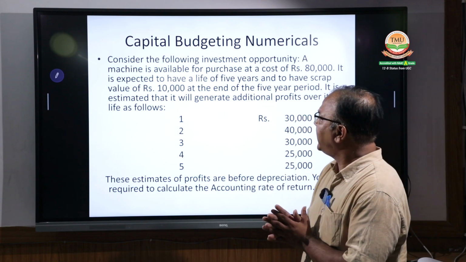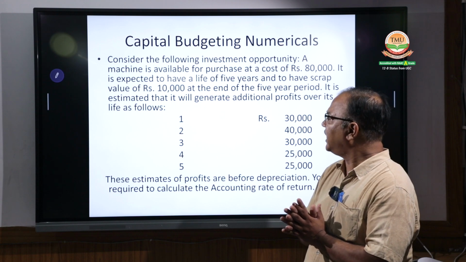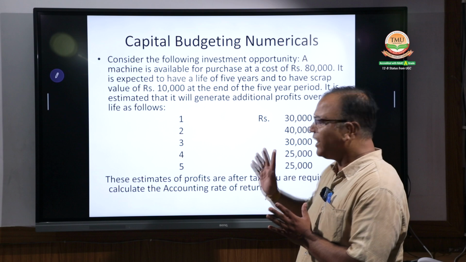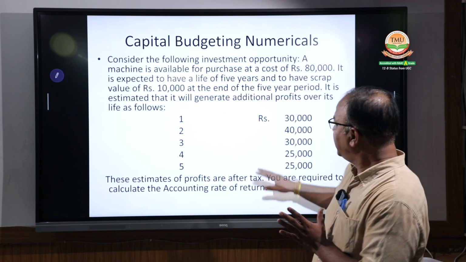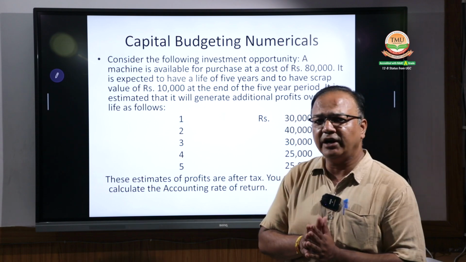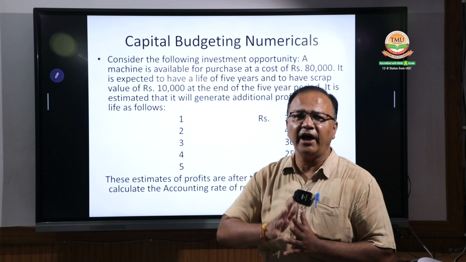It is estimated that it will generate additional profit over the life as follows. These estimates of profit are after tax. It means you are purchasing a machinery at a cost of rupees 80,000. After 5 years, you are selling it at rupees 10,000, the scrap value.